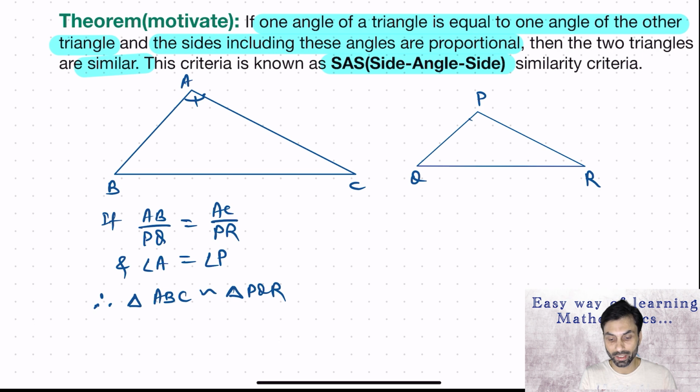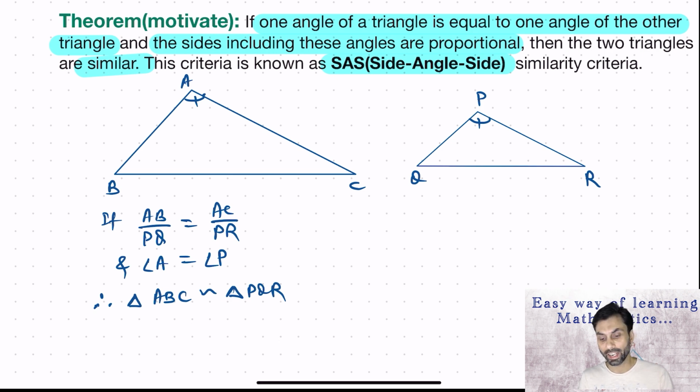What we have done here is angle A and P we have taken equal, whereas AB and PQ are one of the corresponding sides and AC and PR are the other corresponding sides which are proportional. So we can say that the triangles are similar.